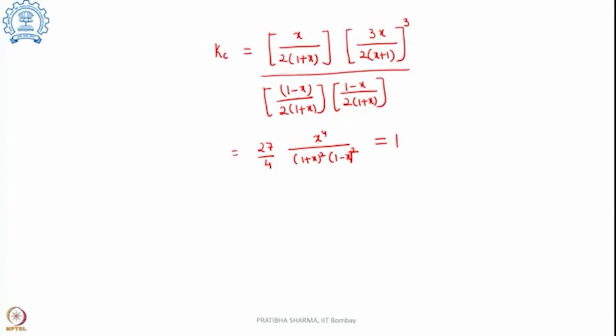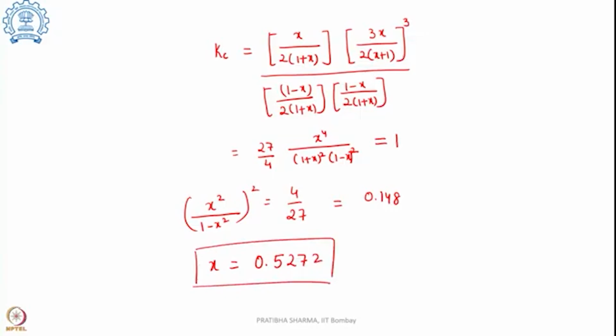This can be further simplified as x square upon 1 minus x square, whole square, equal to 4 by 27, which comes out to be about 0.148. We can further solve this to get the value of x, and on solving, x comes out to be 0.527.